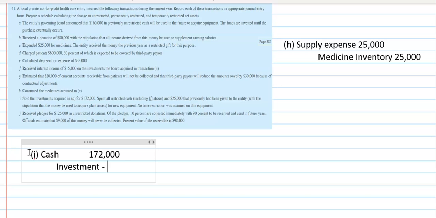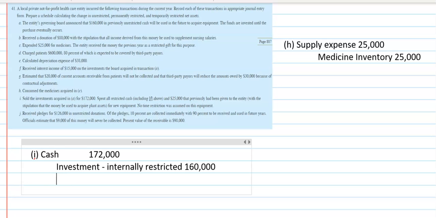It would be good to label it again so that you know you are selling that specific investment, which was an internally restricted investment. The investment amount was 160 that we are now removing, and after selling it for 172 we made a gain.